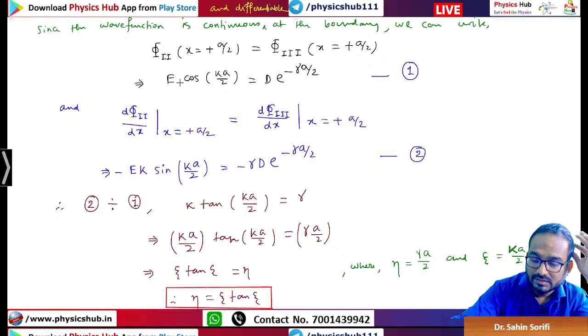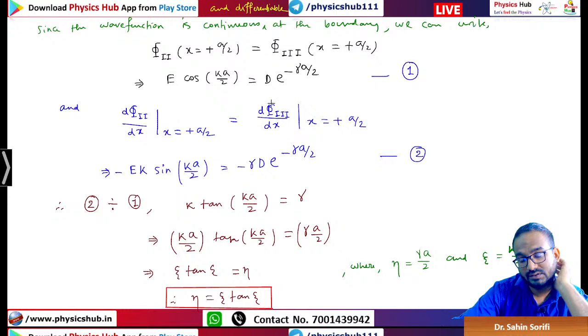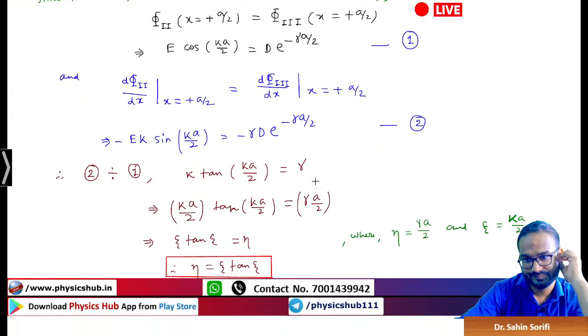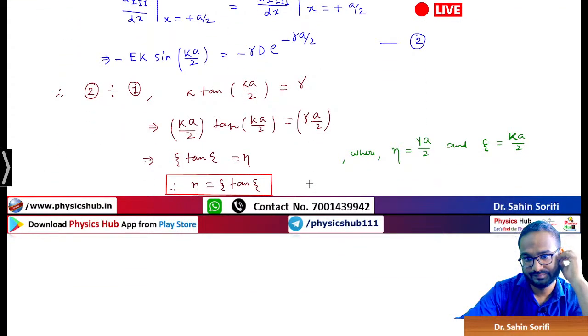E cos kx was there, so minus Ek sin kx at x equals a by 2. Here D e to the power minus gamma x, so minus gamma D e to the power minus gamma x at x equals a by 2. Nothing is missing, I think. Just cross verify.